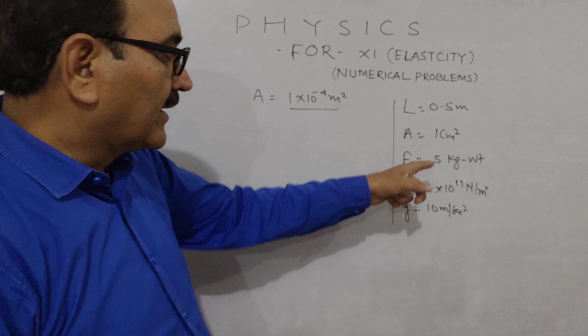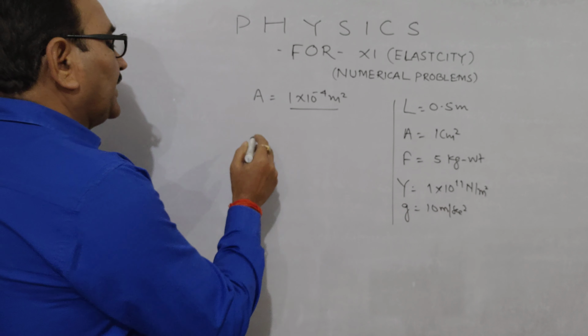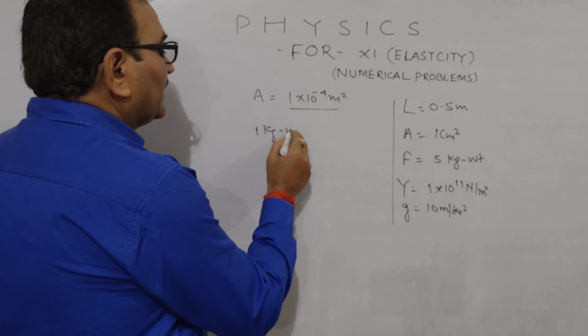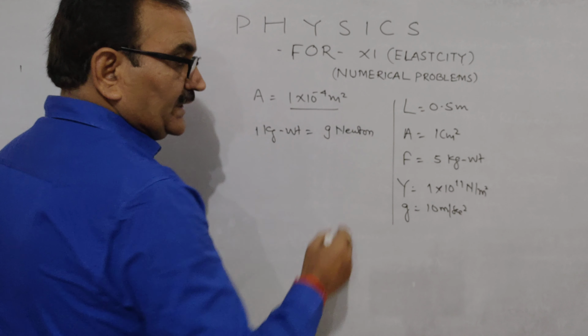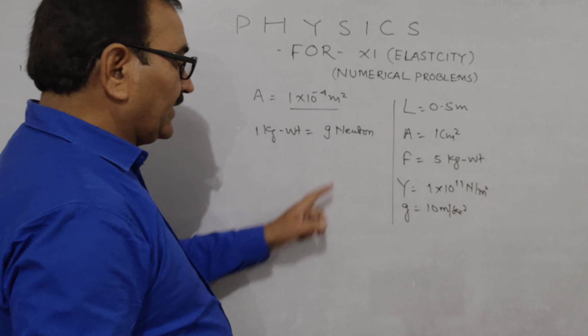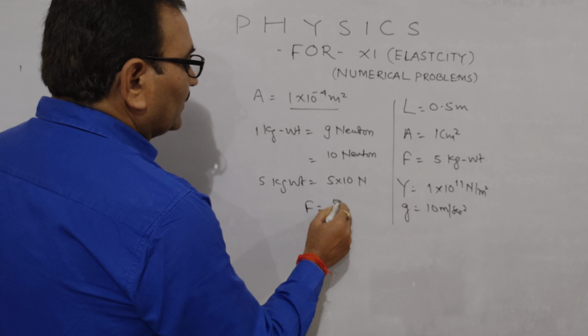So first convert it into Newton, and you know 1 kg weight equals g Newton. According to the question, g is 10; if not given, take 9.8. So 5 kg weight equals 5 into 10 Newton, so F is equal to 50 Newton.